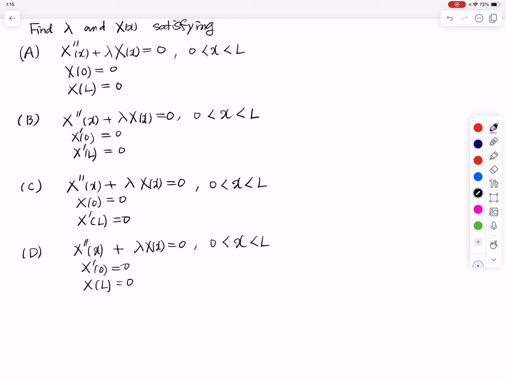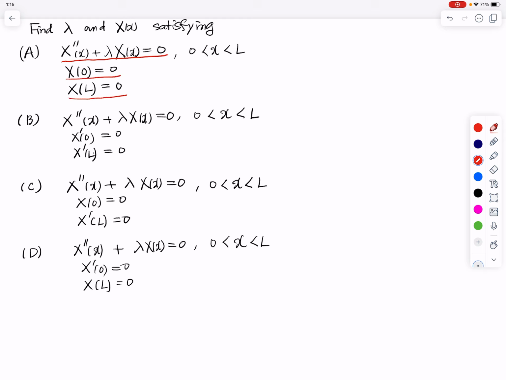Today's lecture is about finding lambda and x from the following four equations. So we have equation A, x double prime plus lambda x equals 0, with x(0) equals 0, x(l) equals 0.